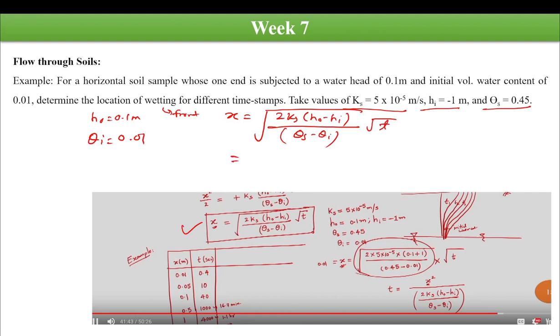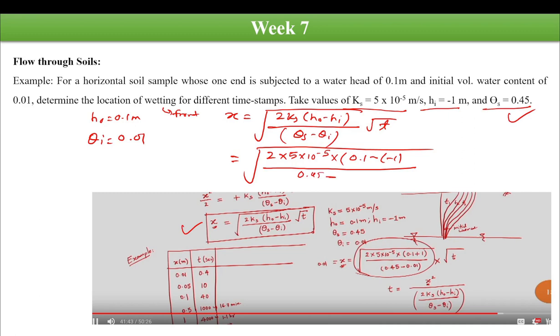If we put in the values for the first one, it's going to be square root of 2 into the Ks value, 5 into 10 to the power minus 5, into the H naught value, given as 0.1, and the Hi value, given as minus 1 meter. So it's minus 1, divided by theta s, which is given as 0.45, minus theta I, given as 0.01, and time under the root of t.